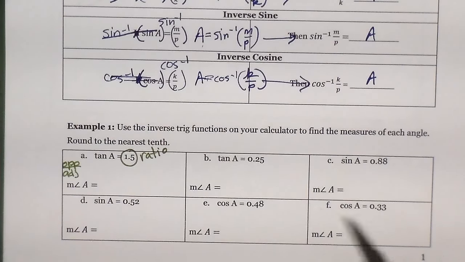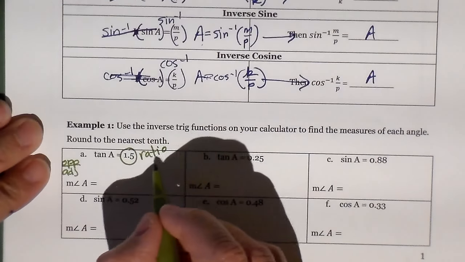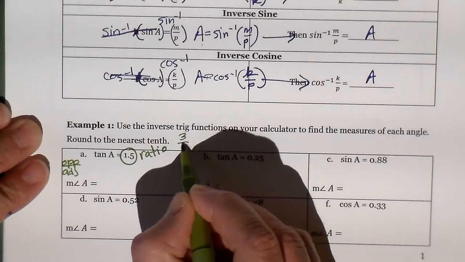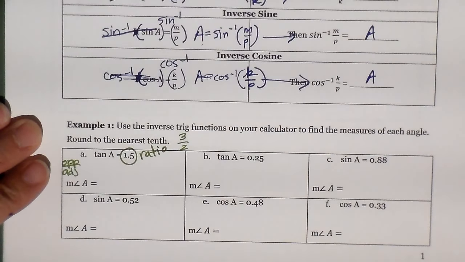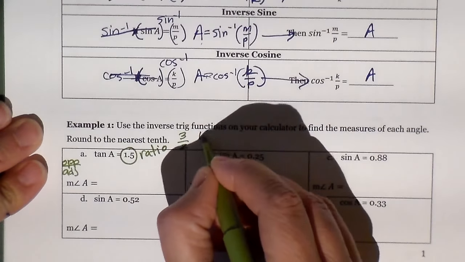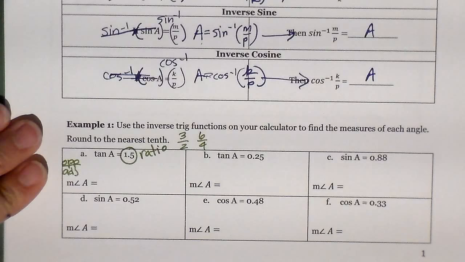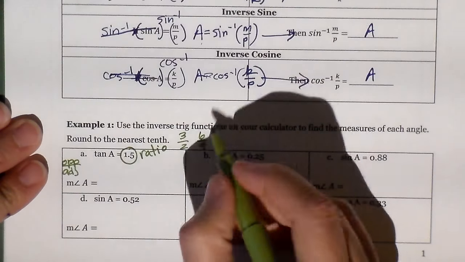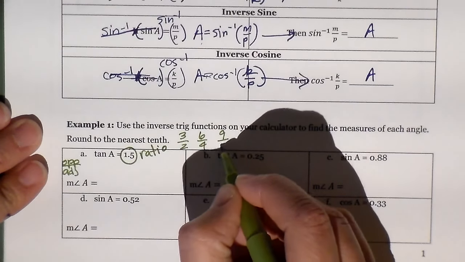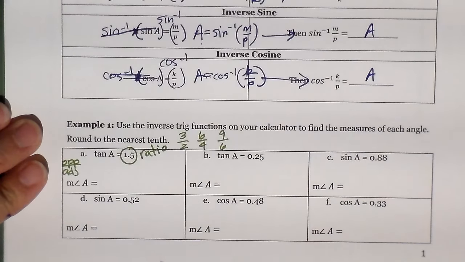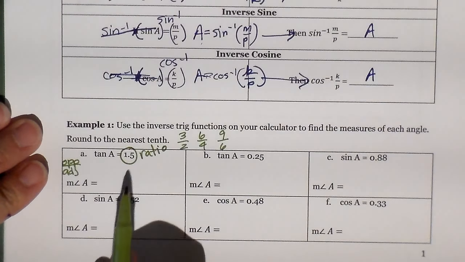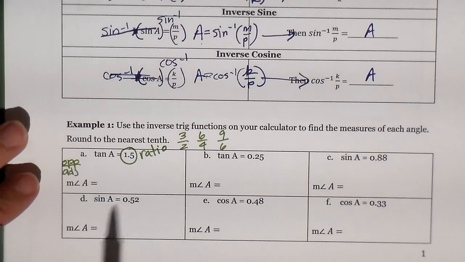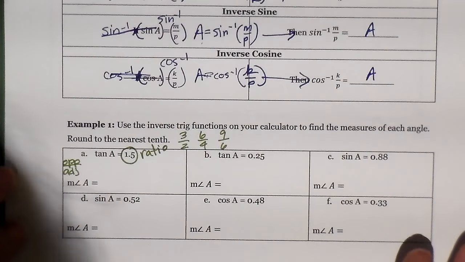The decimals are just another way to represent the fractions. 1.5 could be 3 over 2, it could be 6 over 4, it could be 9 over 6. Each of these represents 1.5. So they're just writing it as a decimal to make it easier for you.